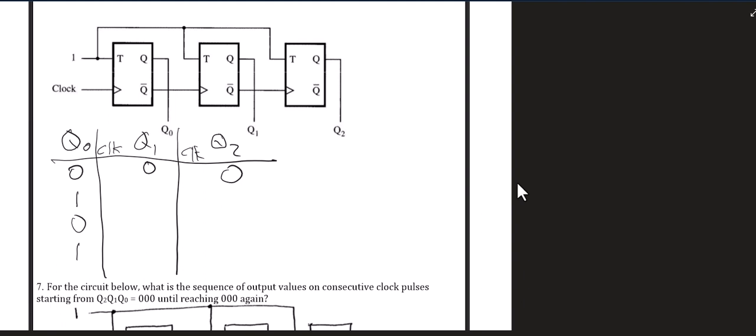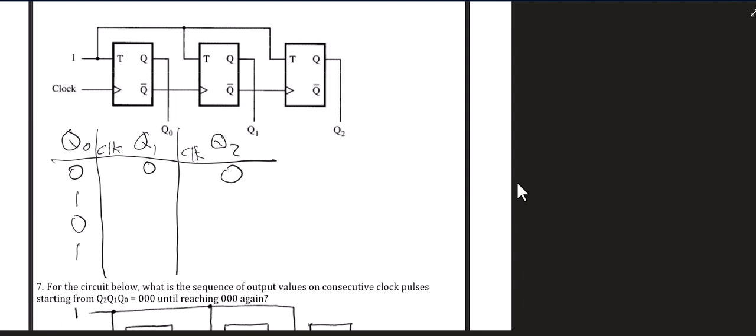Okay, so now let's pay attention to Q1. This is a little bit different because when we were looking at the input for the D or the T, we were always paying attention to what the signal was from the time before, but the clock's not going to be like that.